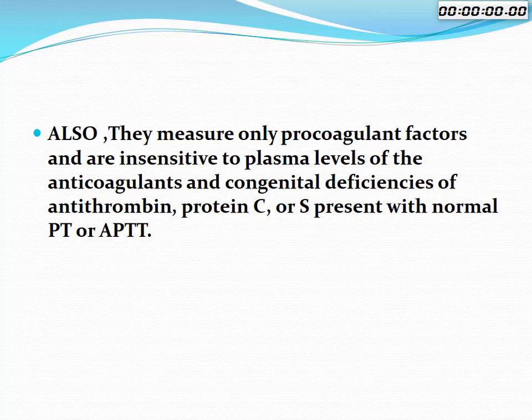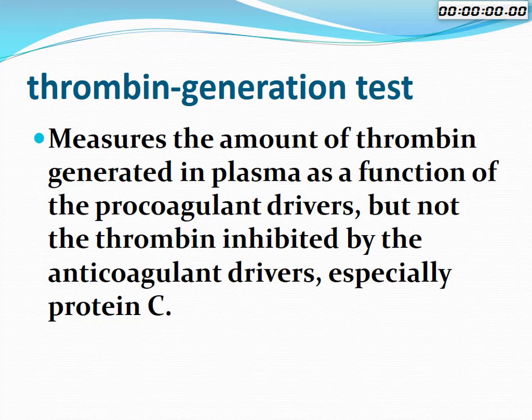So, from this rapid review of the investigations used in the hospital to assess the risk of bleeding or the risk of thrombosis, the available investigations cannot help us in this setting.